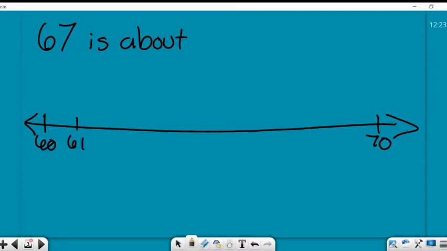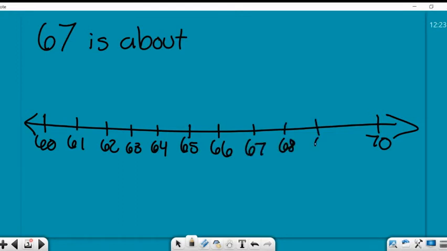I've got 61, 62, 63, 64, 65, 66, 67, 68, 69, and then there's 70. So our number 67 is closer to what 10?